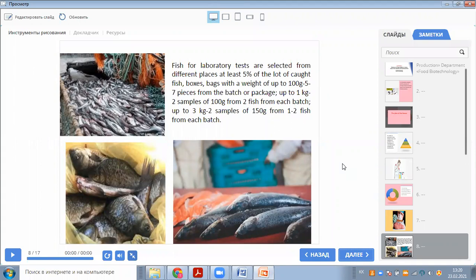Boxes, bags with a weight of up to 100 grams, from 5-7 pieces from the batch of package, and up to 1 kilo, 1 or 2 kilo, 2 samples of 100 grams from 2 fish from each batch, and up to 3 kilo, 2 samples of 150 grams from 1-2 fish from each batch.